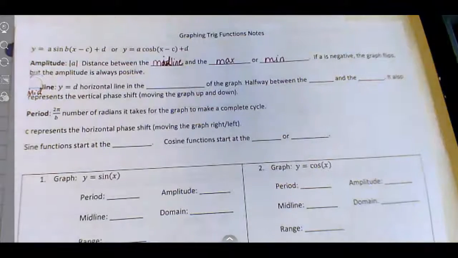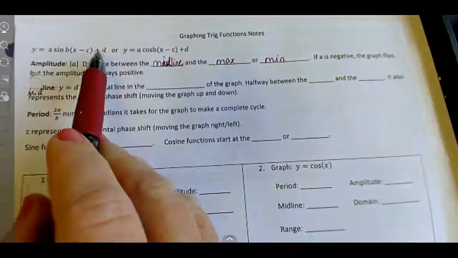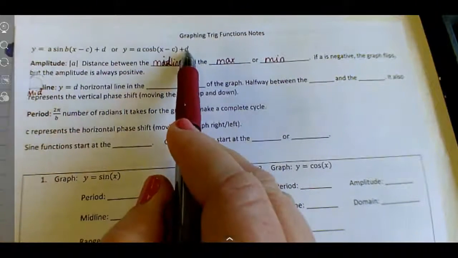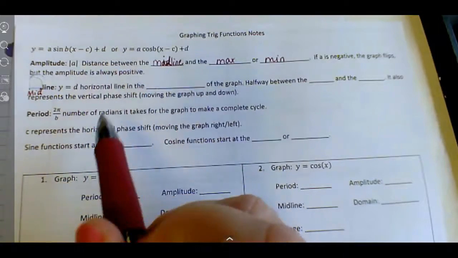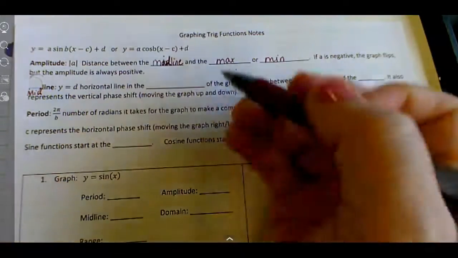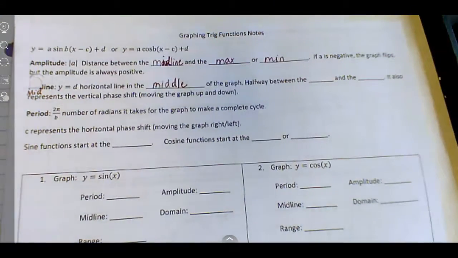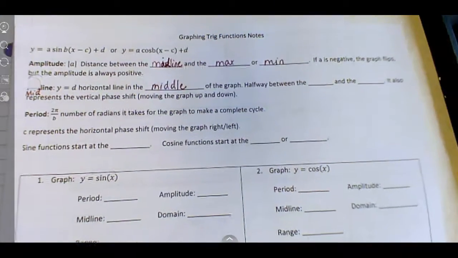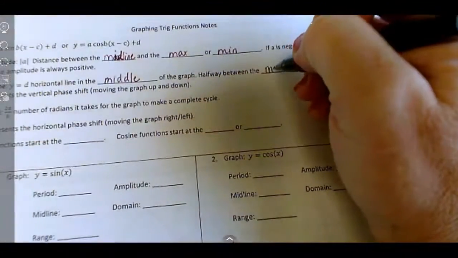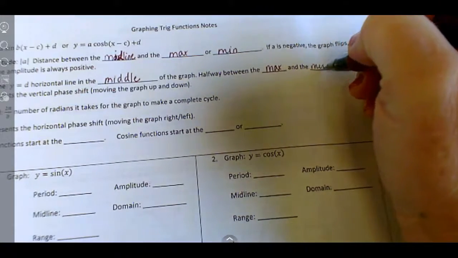The midline has to do with the D, or the number that's on the end of sine and cosine. It's a horizontal line in the middle of the graph, and it's halfway between the max and the min.